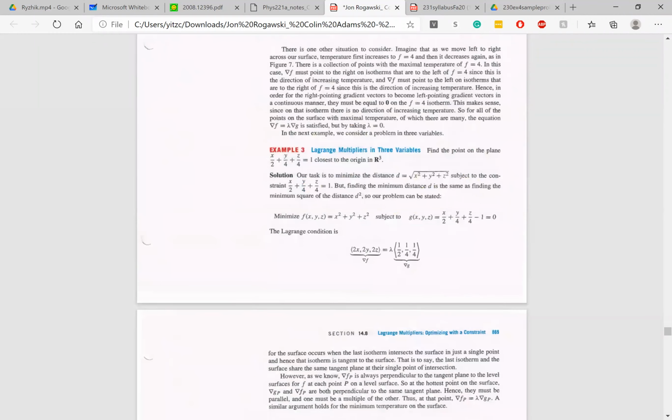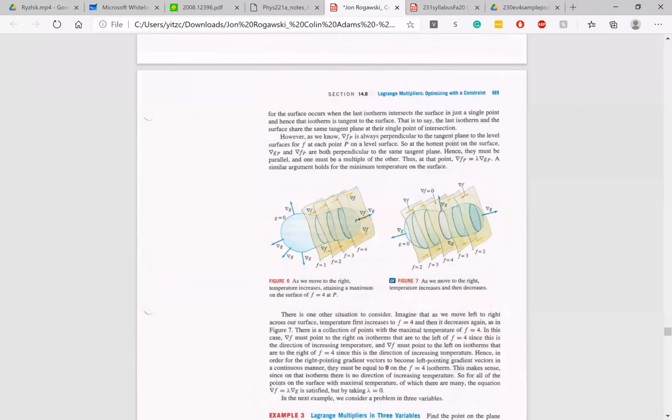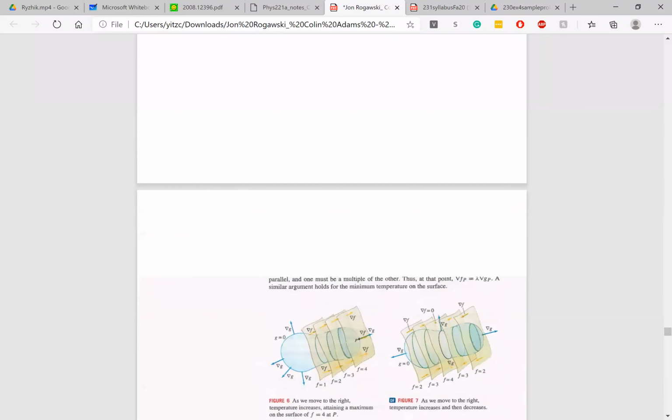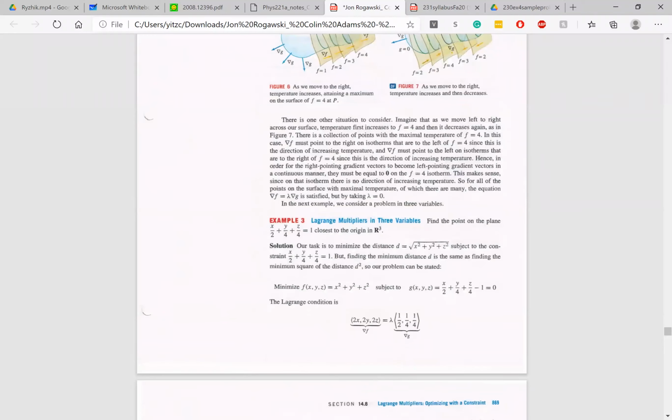I mean, this is Lagrange multipliers with 3 variables, but it's very similar to what we just did. You again have f, g, and you just take, so here's your g. And we want to find the point closest to the origin, and that would be a function which is represented by the distance.